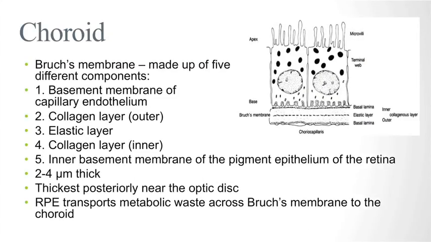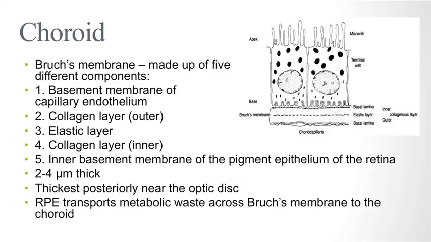Bruch's membrane is made up of 5 different components. 1. Basement membrane of the capillary endothelium. 2. Collagen layer, outer. 3. Elastic layer. 4.